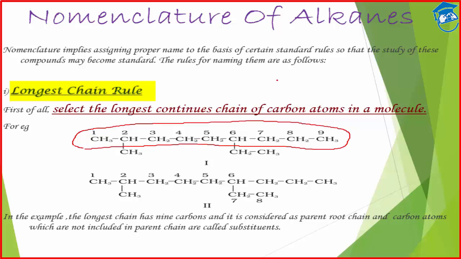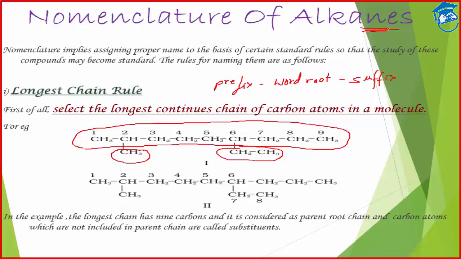The main one is the word root, then we have the prefix, which contains the substituents. These 2 groups are the substituents attached to the main carbon chain. And then the suffix. In this case our suffix will be ane. For alkanes the suffix is ane.